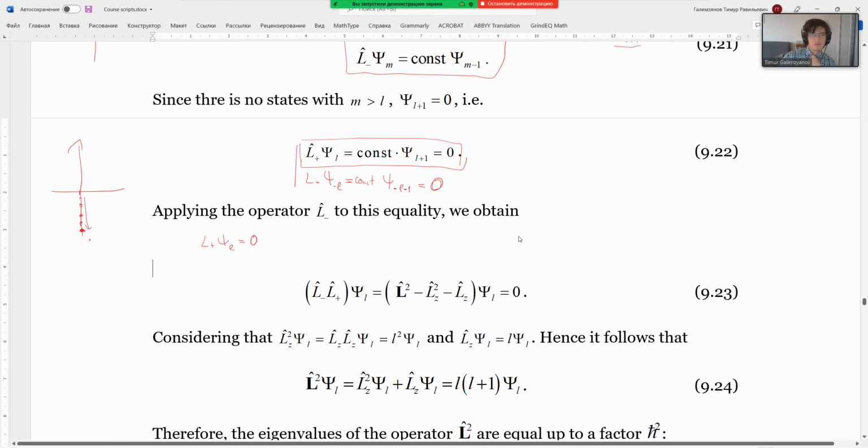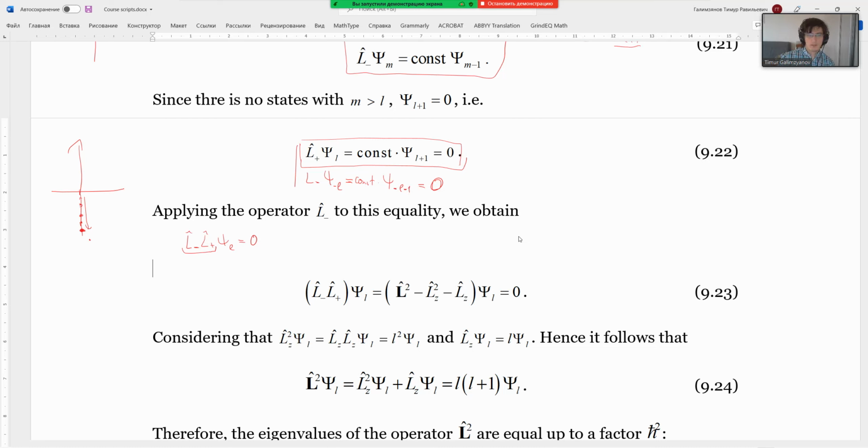We can act with L minus on this. Since it is 0, it should still be 0, because acting with a linear operator on the 0 function should give us 0. However, what is this product of L minus and L plus?